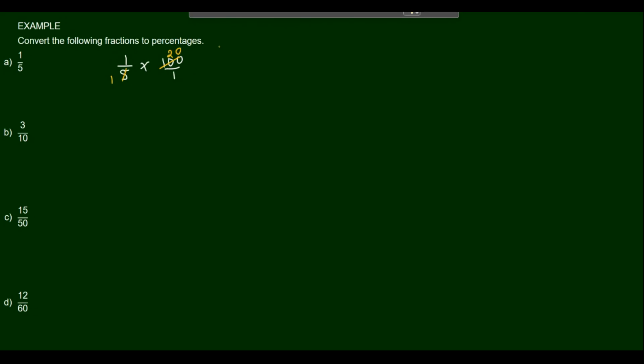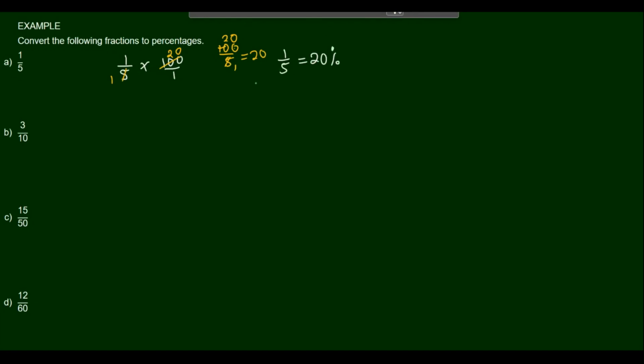Remember, when we say 100 divided by 5, you say 5 into 5, 1, 5 into 10 is 2, and then 0 divided by 5 is 0, and then we get our 20, right? So meaning that 1 over 5 is equal to 20%.